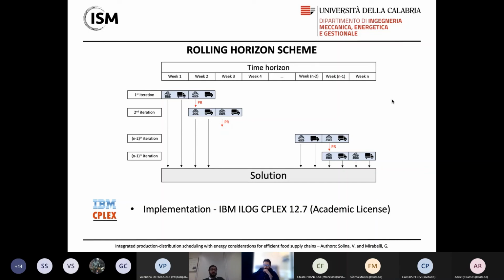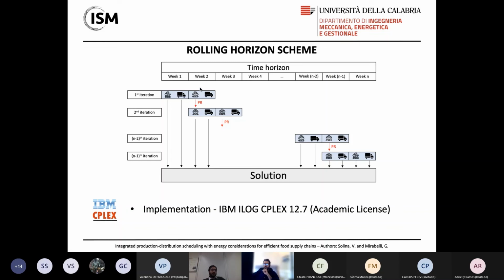Then, if I consider a complete rescheduling strategy, on the second iteration, the horizon is rolling. Then we look to the second and third week. According to a complete rescheduling approach, these two plans, production and delivery, are deleted and are rescheduled, redecided.